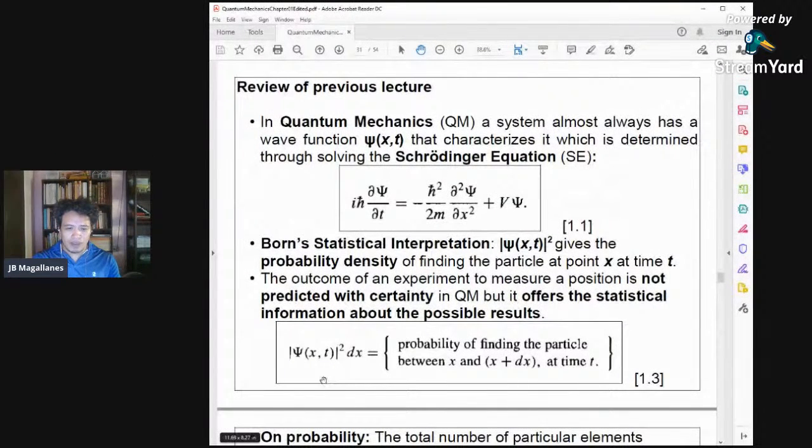Here you have the modulus square of psi times dx is equal to the probability of finding the particle between x and x plus dx. I say it again, probability of finding the particle between x and x plus dx at time t.